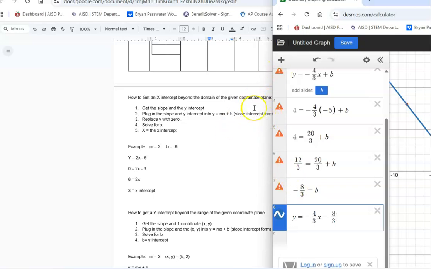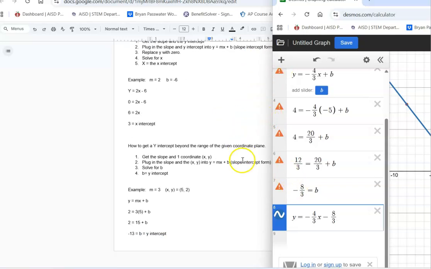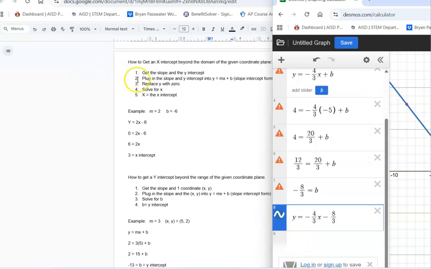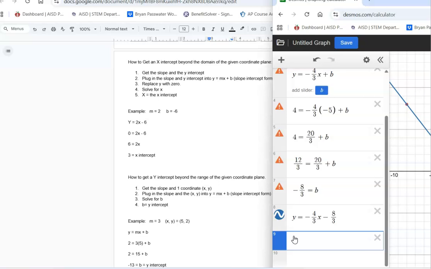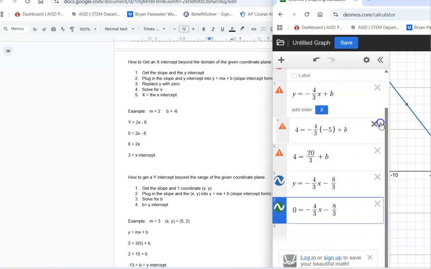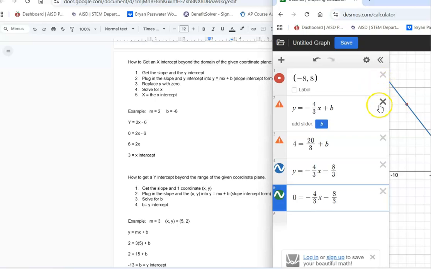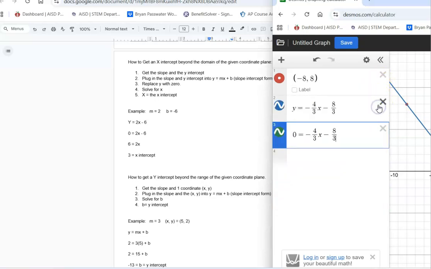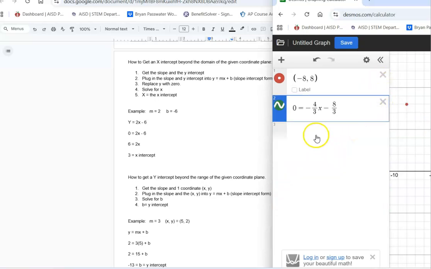I plugged that in here. Step 3 says replace y with 0. So I'm replacing y with 0. Now I have to solve for x, and whatever x is, that's the answer.